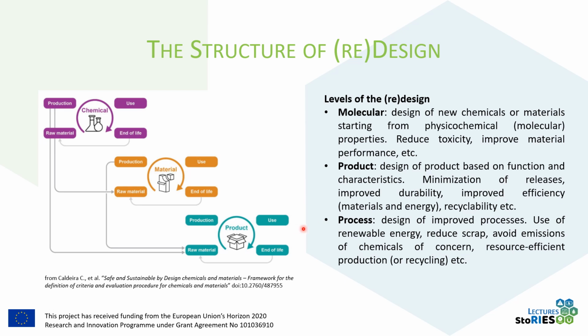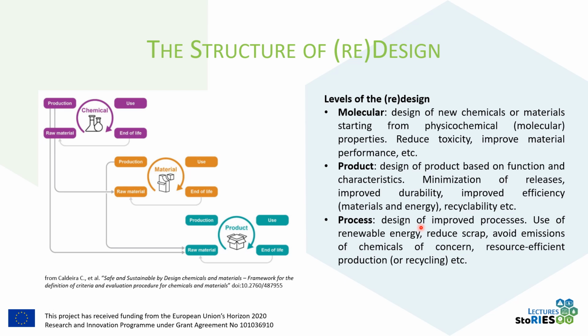At the last, we can also have the level of redesign connected with the processes. In a sense, here we improve the properties of the product, or the sustainability or the safety of the material, acting on all the processes that are, let's say, around the manufacturing or the end of life stage or the use of the product itself.